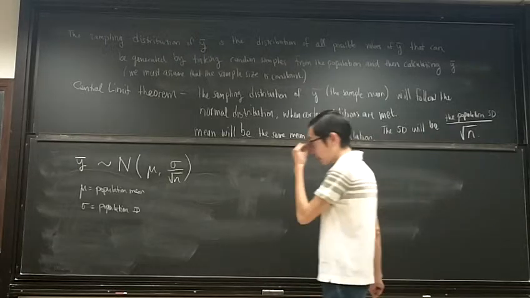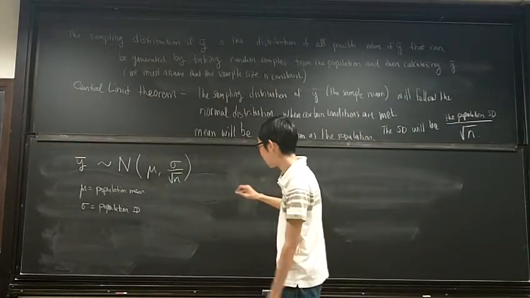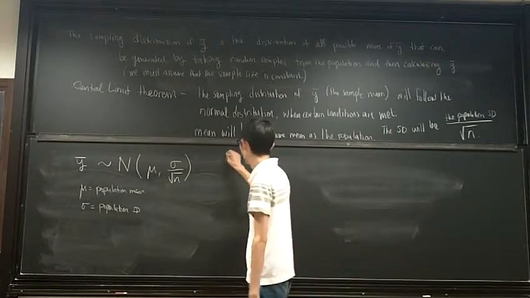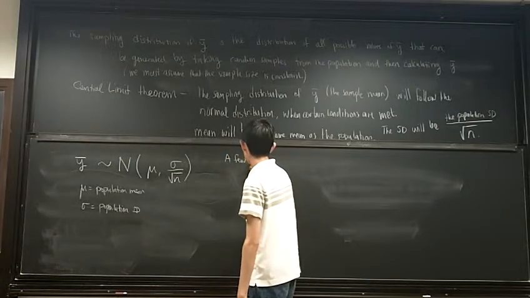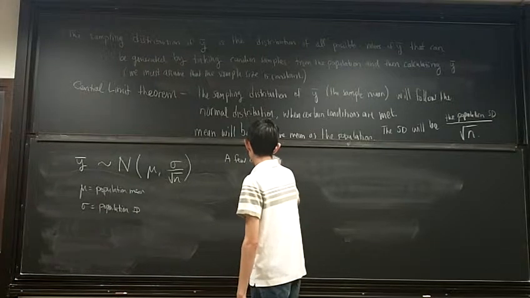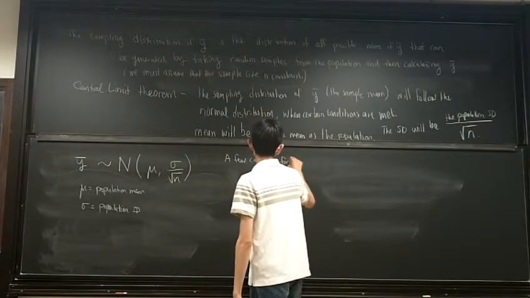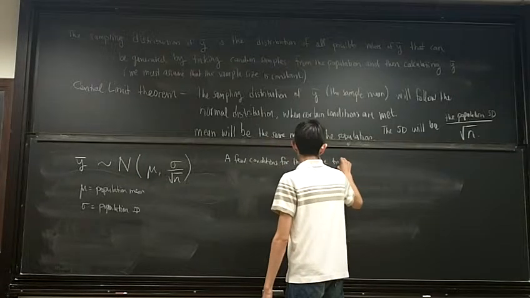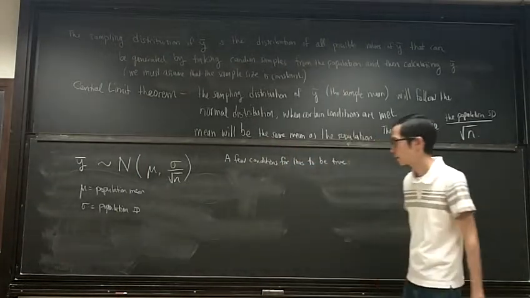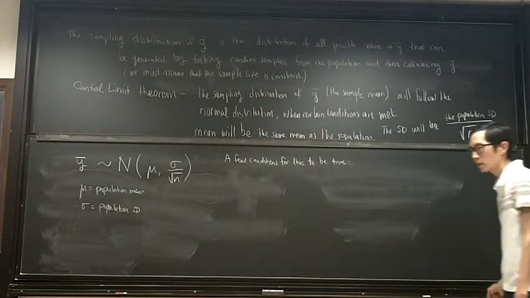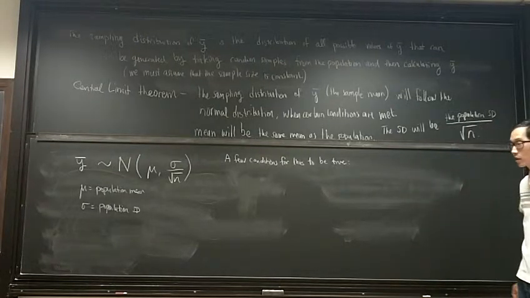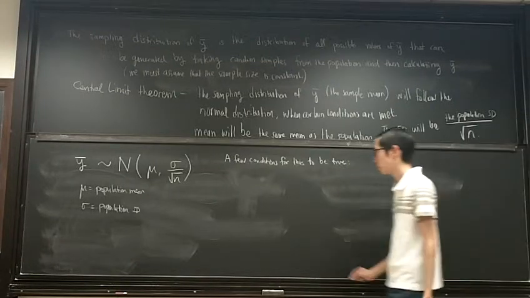Okay. But we have conditions that need to be met. So the conditions for this to be true. One is that when we select the samples to generate this, they have to be random samples.